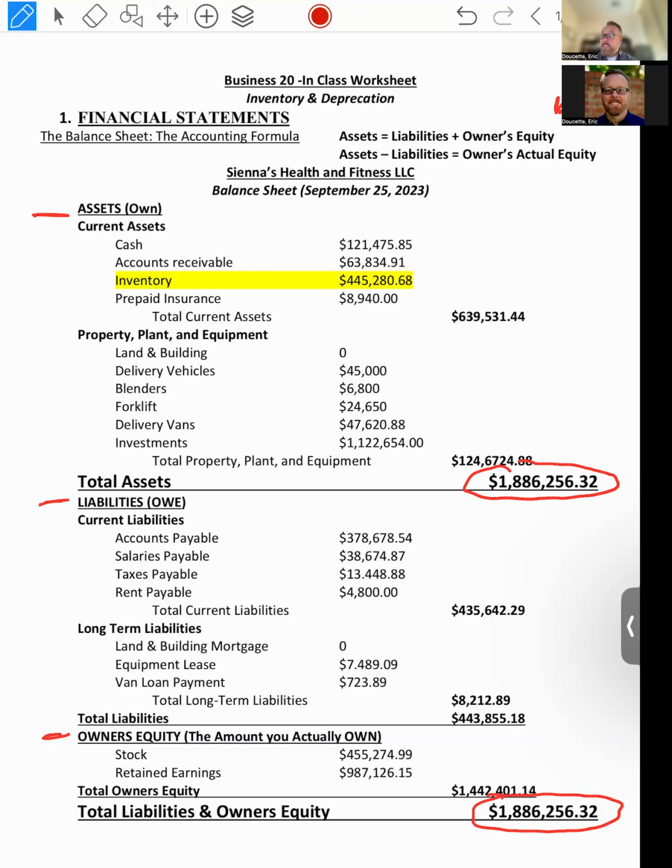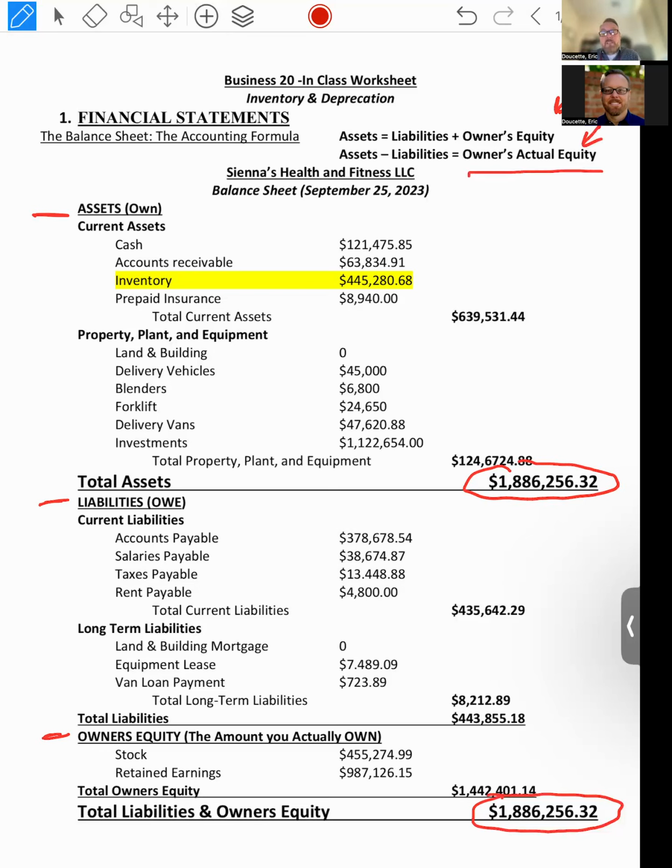An easier way to do it is to look at the second way to draw it up, and that is your assets minus your liabilities. So assets is everything you own, and then your liabilities is everything you owe other people. So if you take all of your assets and then you minus everything you owe other people, and you were to liquidate everything you had, pay off all of your debts, whatever you have left over, that is your true owner's equity.